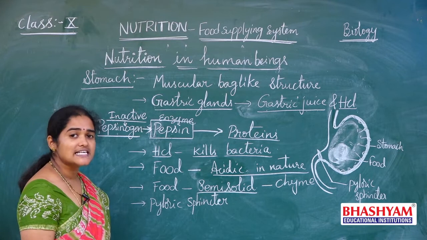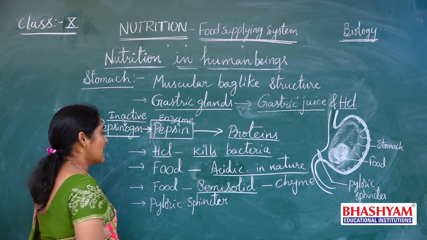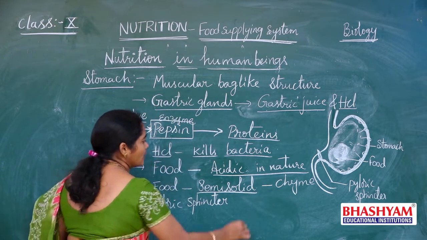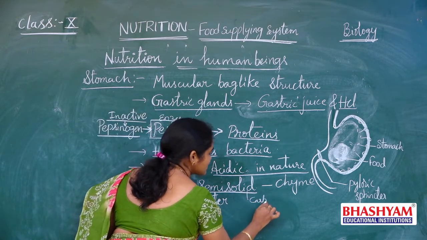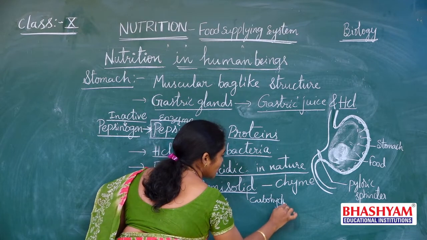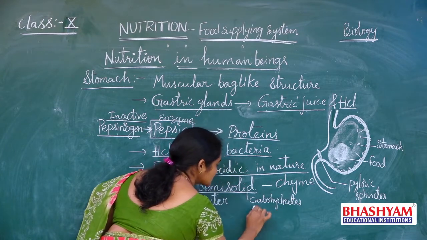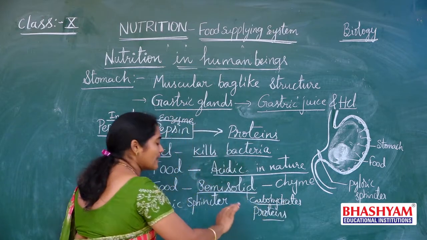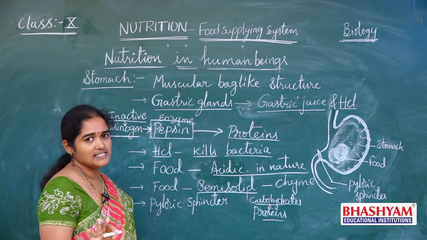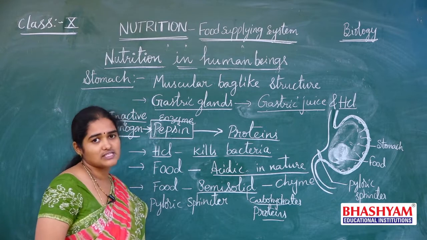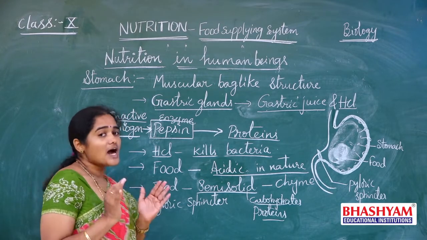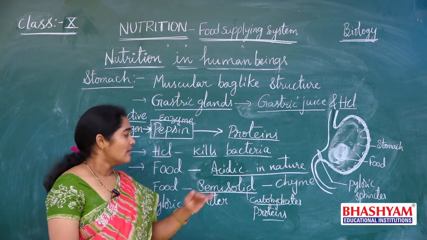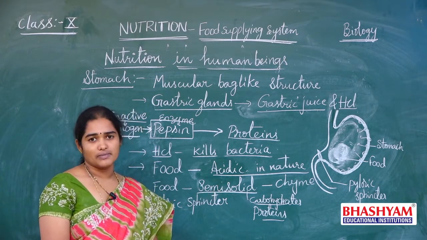Not all carbohydrates are digested by the entering of food into the stomach, and here partial digestion of carbohydrates and proteins occurs in the stomach.